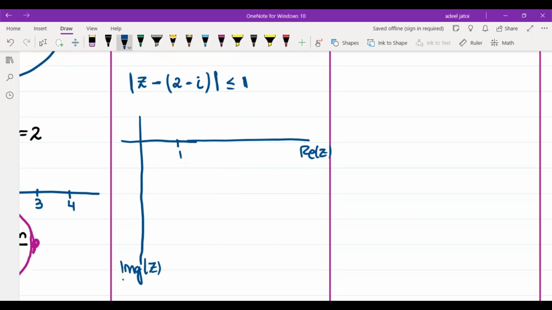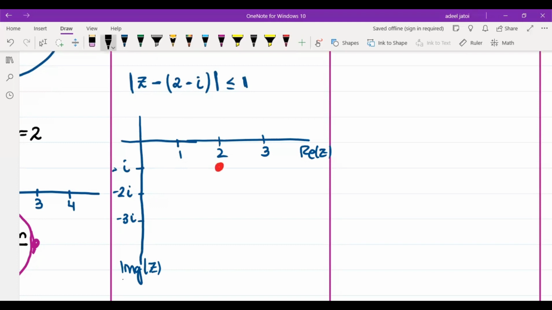Let's say 1, 2, 3, then minus iota, minus 2 iota, minus 3 iota. So the center of the circle is 2 minus iota, and the radius here is 1.